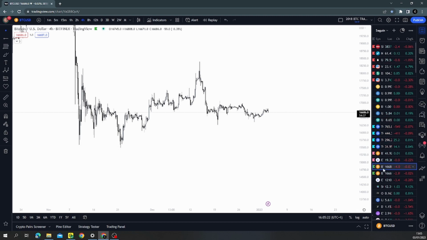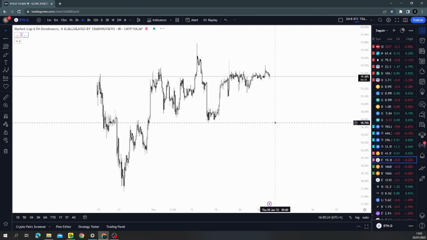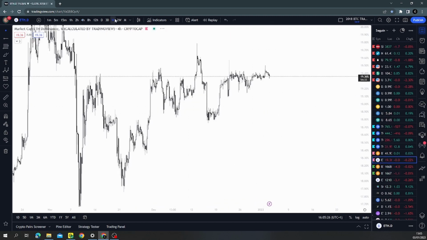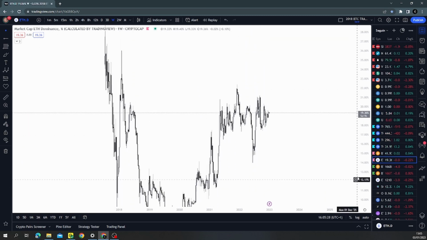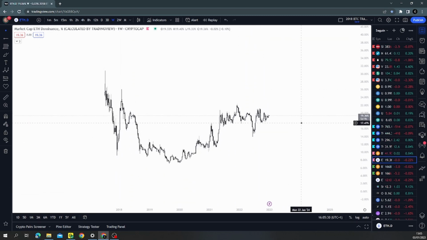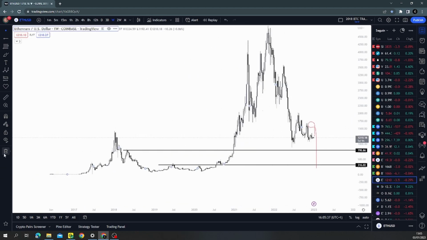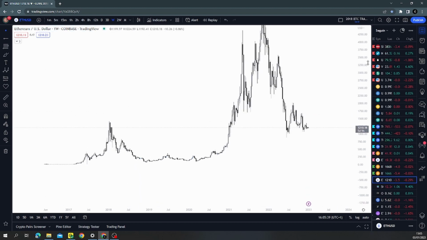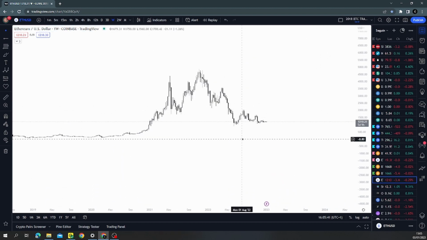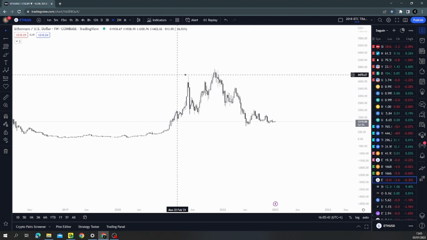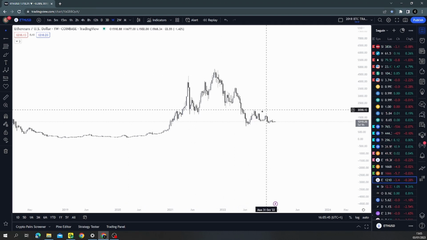Now I'm going to do it on the Ethereum chart just to refresh everything that I said. Weekly time frame. This is Ethereum dominance, no? Okay, Ethereum chart. Remove everything, clean chart. We see that we have one drive, two drives, we are waiting for the third drive, right?